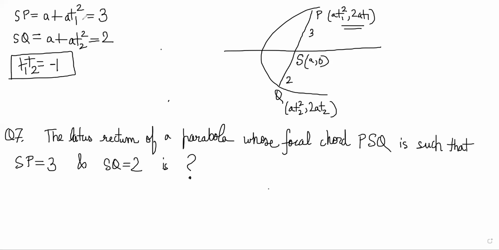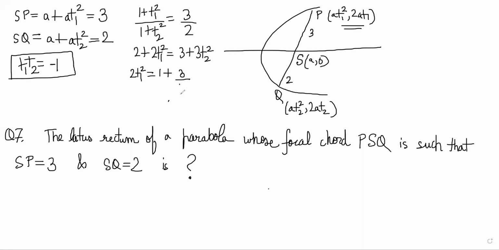Okay. So if you divide, we get 1 plus T1 square by 1 plus T2 square is equal to 3 by 2. So you have 2 plus 2T1 square is equal to 3 plus 3T2 square. So 2T1 square is equal to 1 plus 3 by T1 square, right?